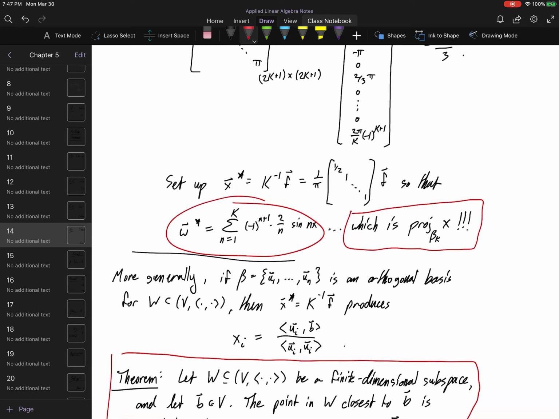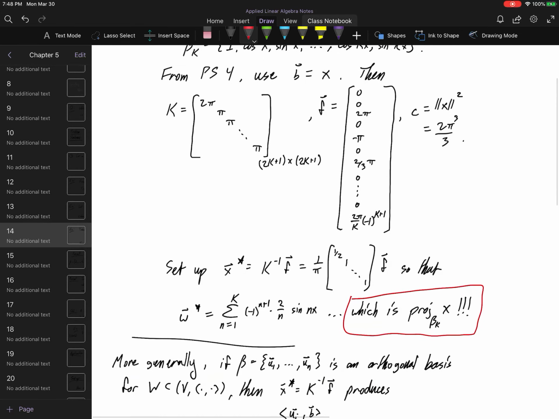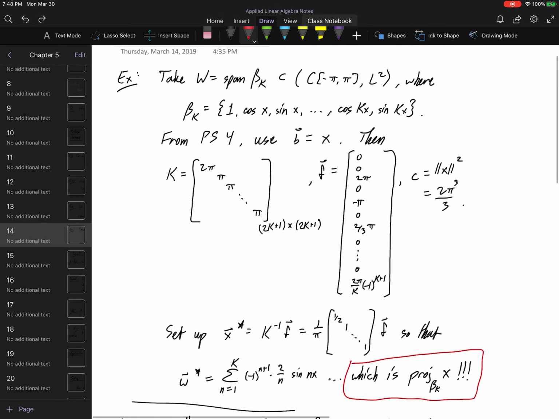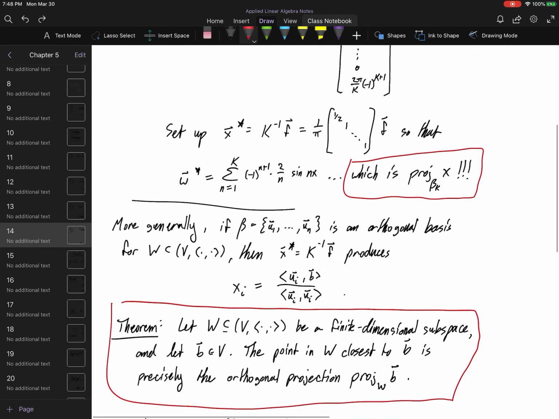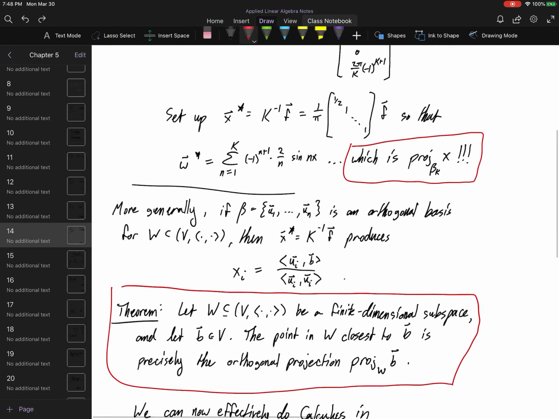This vector is the vector in W that is closest to the vector X. And in this case, this is exactly an orthogonal projection, right? This is an orthogonal basis, and we're projecting directly onto this space spanned by beta k. So X projects directly onto this set, and this is exactly the principle behind a Fourier series.